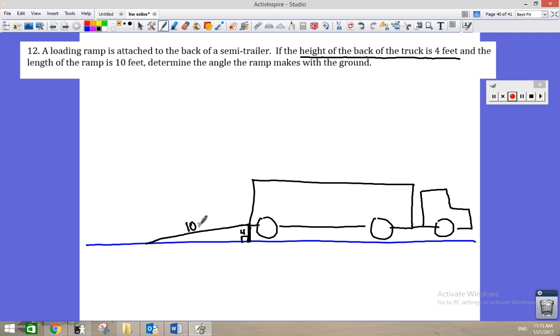So I would assume here's the ramp. It's not the ground. It's not the base like it was before. So this is the right triangle that I'm going to use.